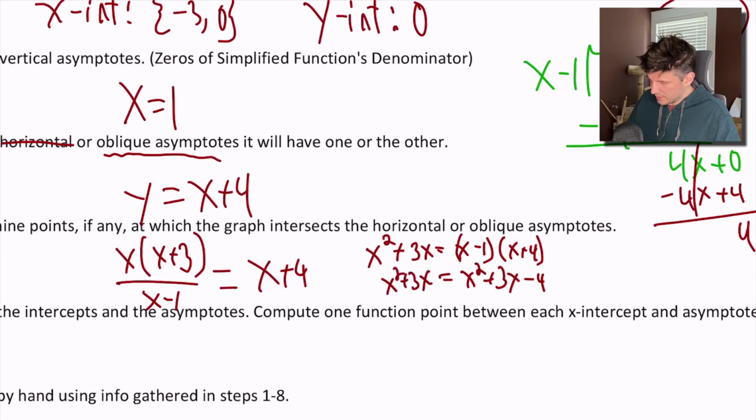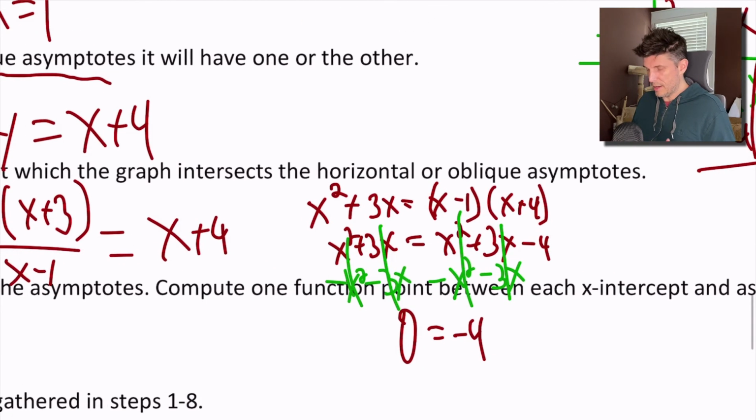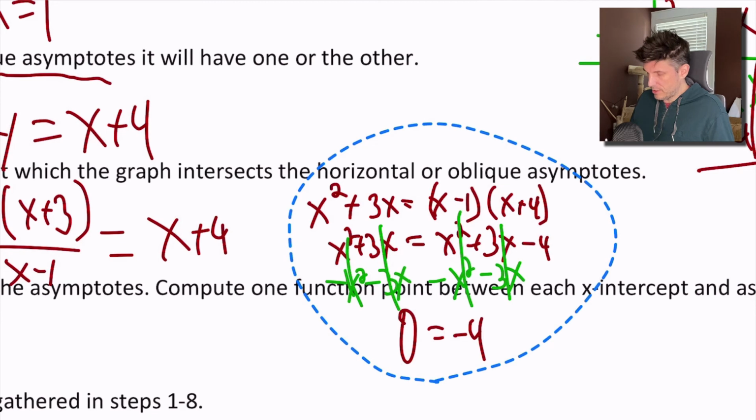I'm going to subtract x squared from both sides, and I'm going to subtract 3x from both sides. Because I was going to bring them both together, but they cancel out completely, leaving me with 0 equals negative 4. And we know that that 0 can't equal negative 4. That doesn't make any sense. So that's just an inconsistent scenario.